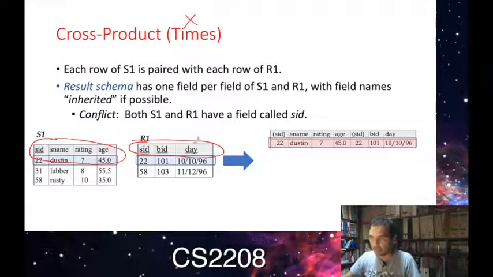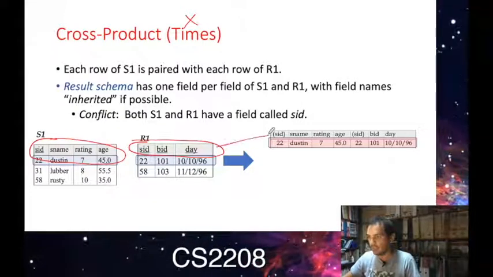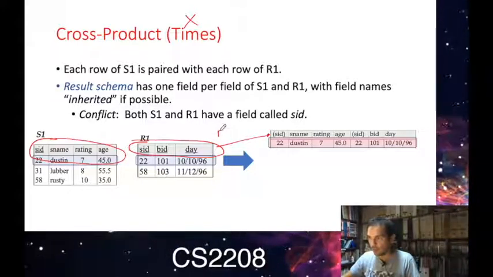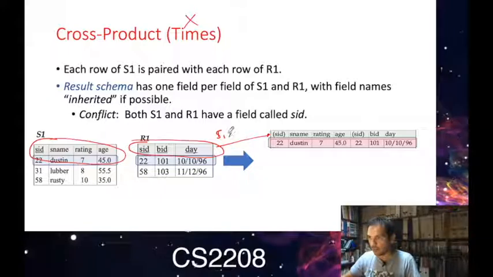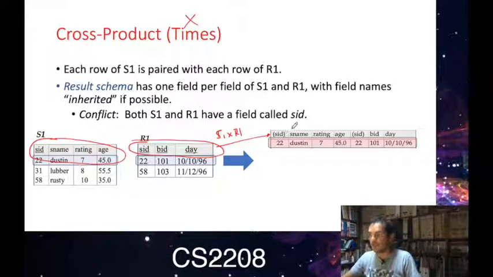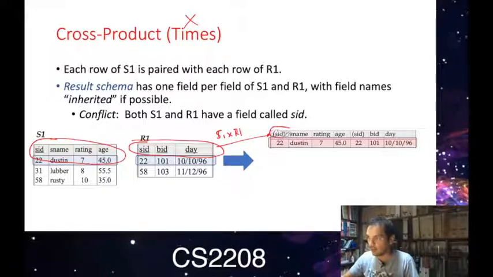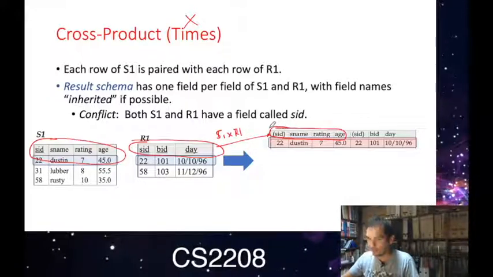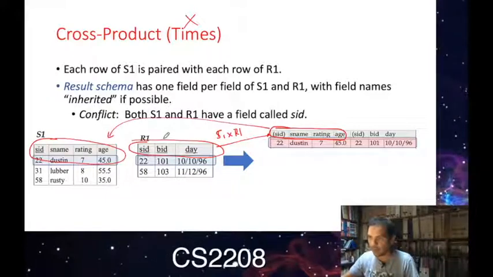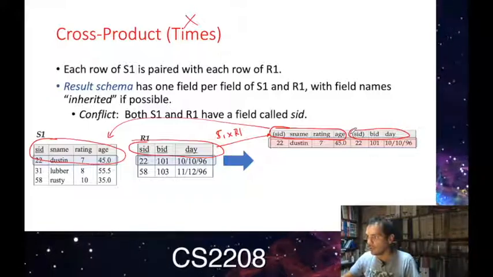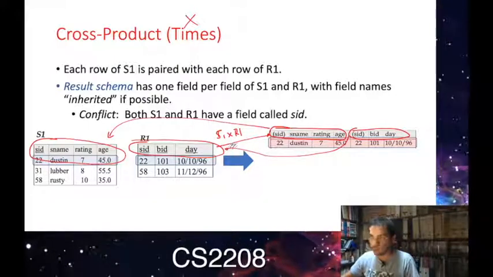The first step is that the attributes of the result are going to be S1 times R1. Basically, in the first portion we have the attributes of the first table, these ones that we have here, and in the second portion we have the attributes of the second table.